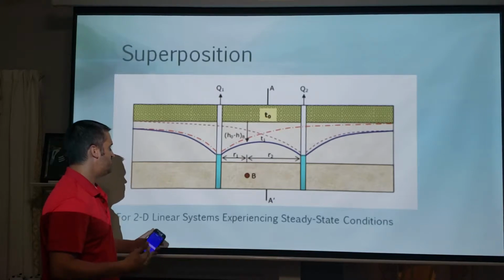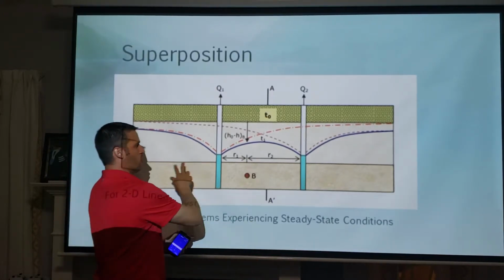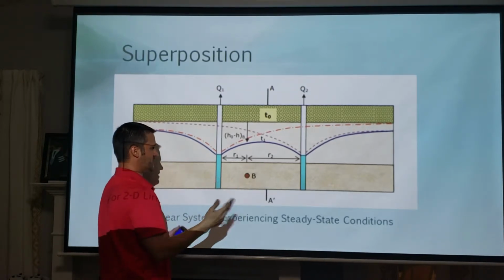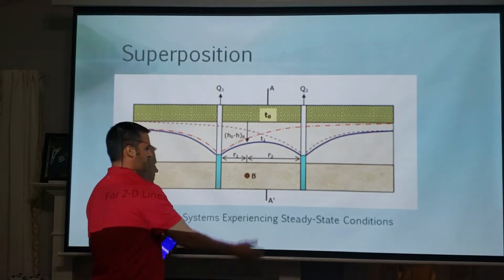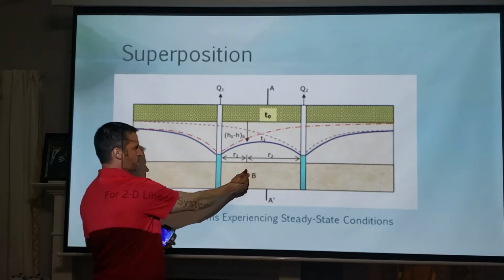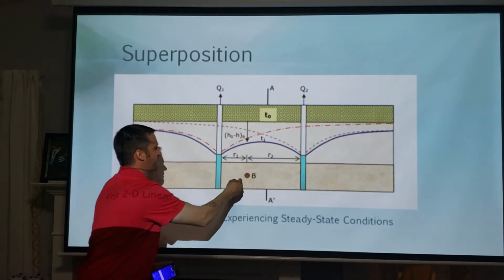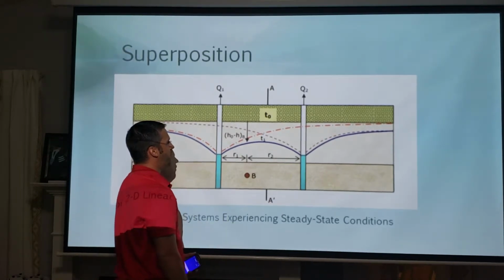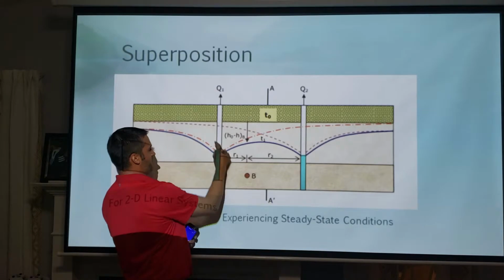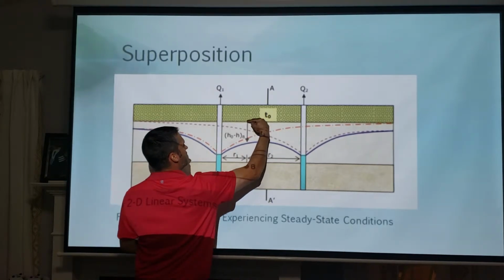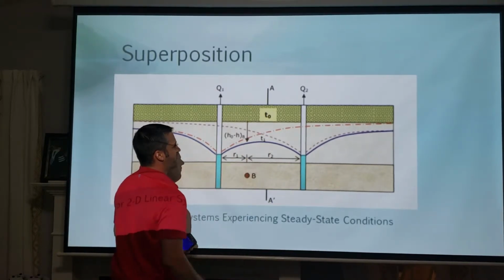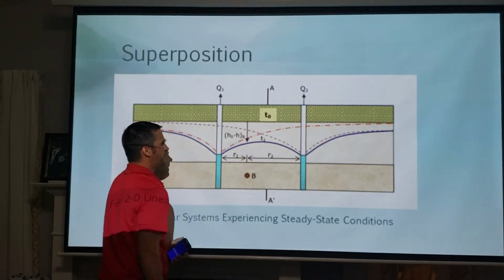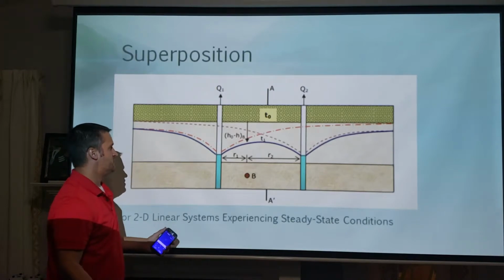So what we do is we take any horizontal point, move it along, say, the x-axis, wherever you want to put it. And here we put B, right in here. Basically what you want to do is draw a vertical line, straight up and down, and you take the drawdown from each side. From the left side we have from here to here, and from the right side in that spot we have from here to here, and all we do is add those two together.